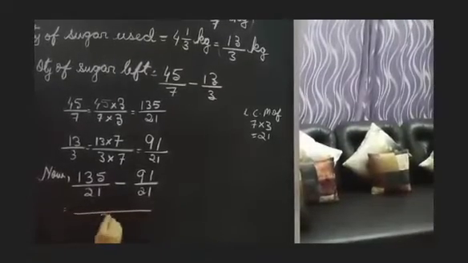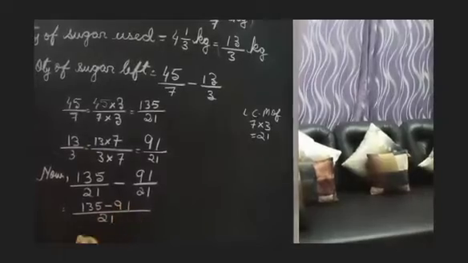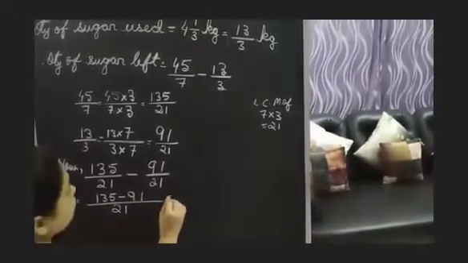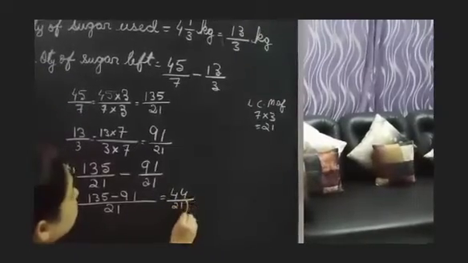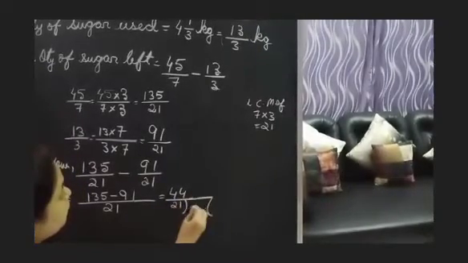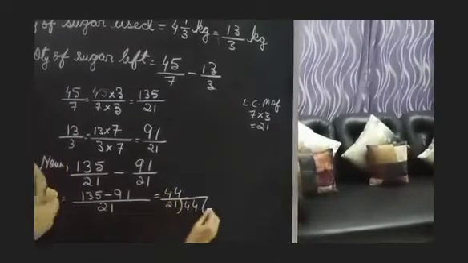The denominators are the same, so 135 minus 91 is equal to 44/21. Again I will convert this into a mixed fraction because my numerator is bigger than the denominator.